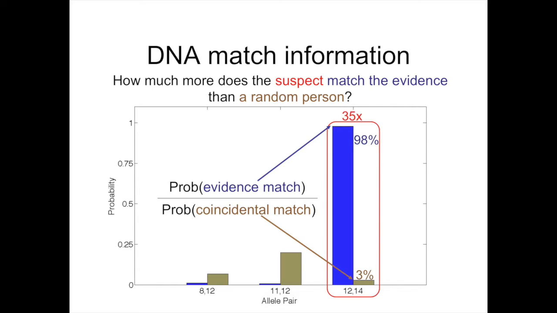What we do is we compare what the evidence is saying that that contributor is, which is 98% probability, divided by the chance of a coincidence. So here that 98% divided by 3%, which is how common the 12-14 is in the population, gives us a match statistic of 35, which is inclusionary.